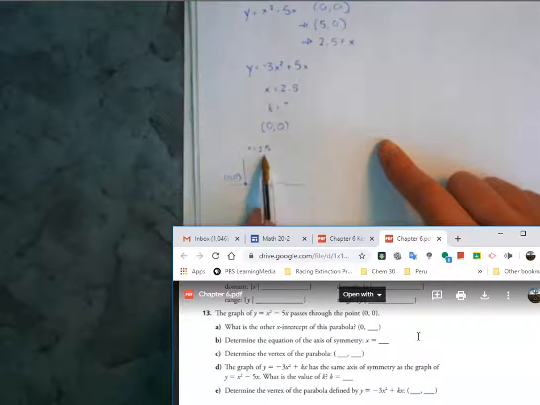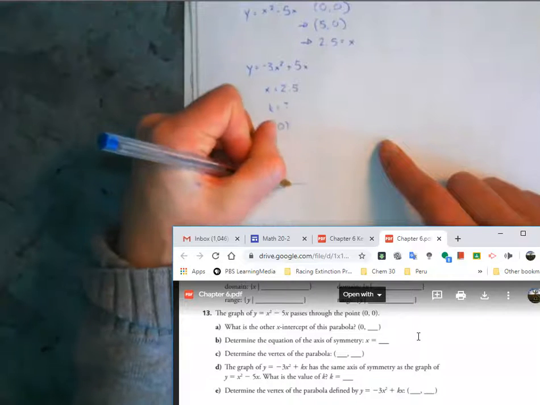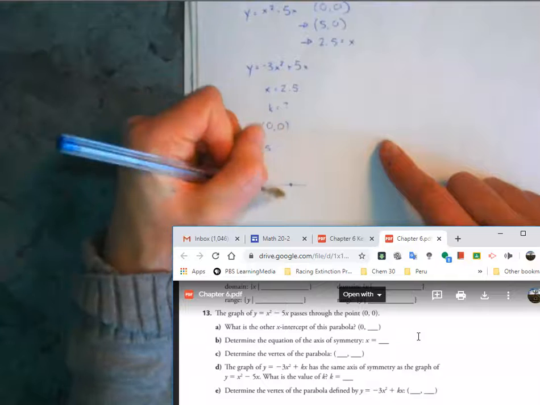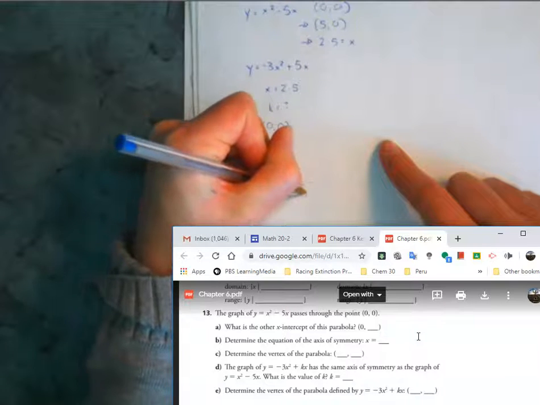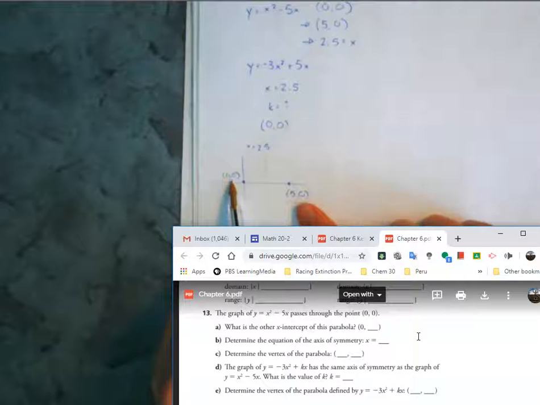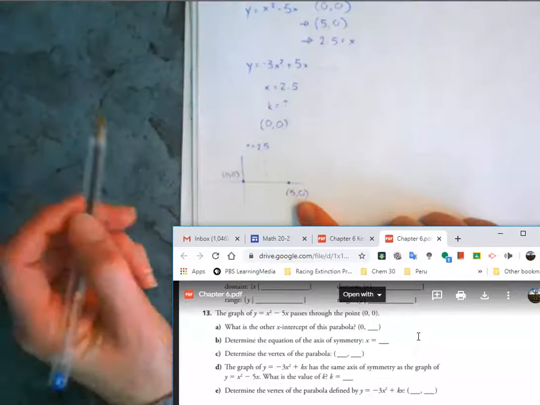Well, if this is an axis of symmetry, then the distance from this point to the other point has to be the same as here. So from 0 to 2.5, it's 2.5. So from here to the next point would have to be another 2.5. And so that would put this at a total distance of 5, 0. So basically that means it has the same x-intercepts as the previous question that we did.